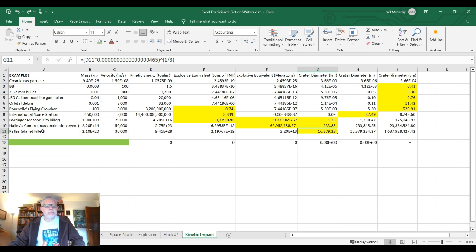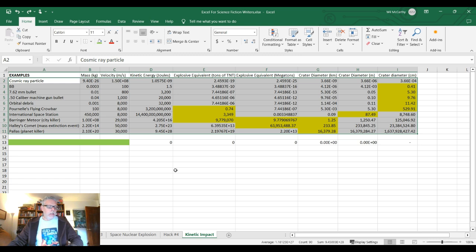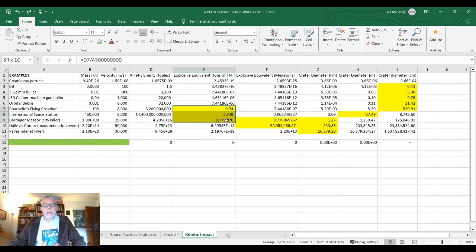So this table gives you an idea of what different impact events are like, and how you can use them in fiction. I've used the yellow highlights to show which of these units make sense to mention in fiction.